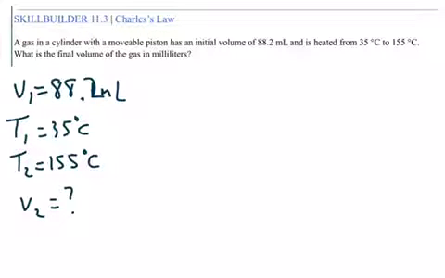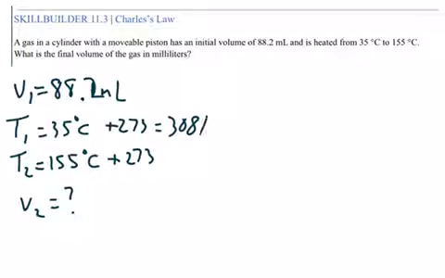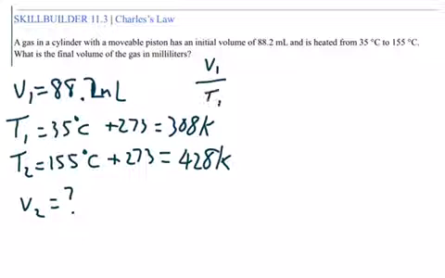Now, before I start, I'm going to go ahead and change these two temperatures to Kelvin because the math has to be done with these values in the Kelvin scale. So I'm going to add 273 to each. The formula for Charles's law looks like this.